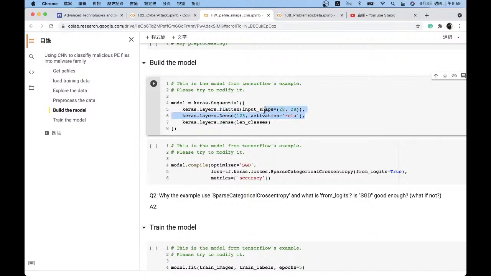Flatten means we represent this data without two dimensions. We only use one dimension to represent this data, so that is the function of flatten. Then we use a dense function right here.